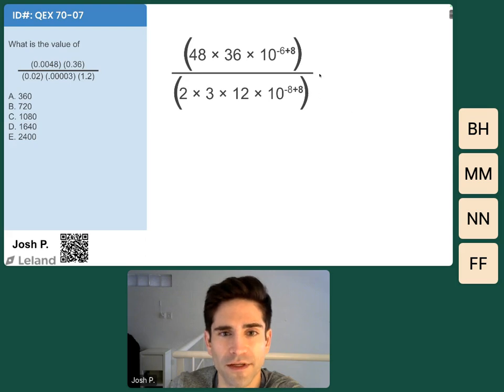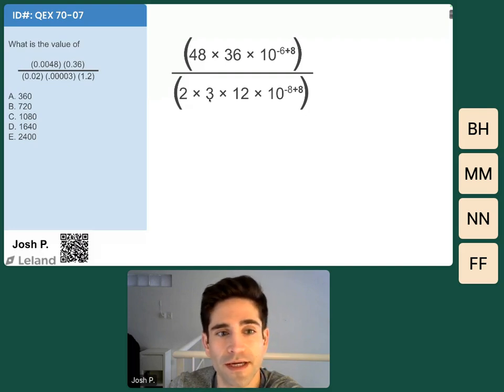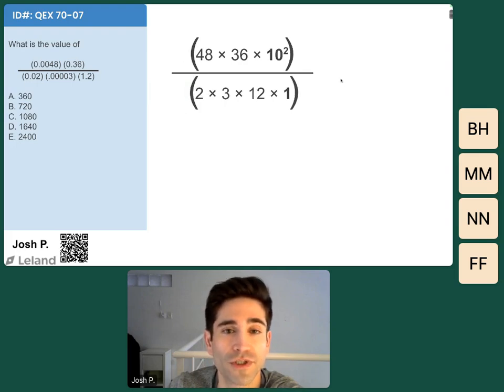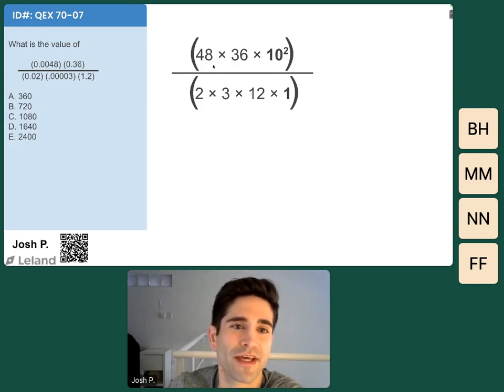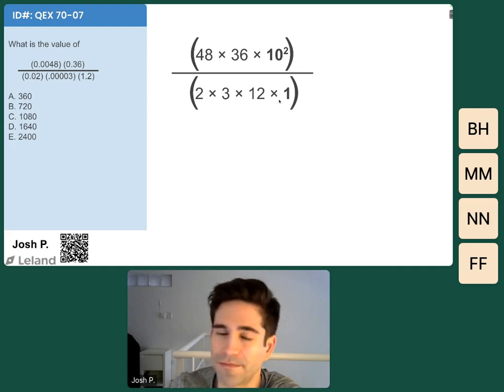So what we have essentially is on top 48 times 36 times 10 to the minus 6 plus 8, and on bottom, 2 times 3 times 12 times 10 to the minus 8 plus 8, which of course gives us a numerator of 48 times 36 times 10 squared, and on bottom, 2 times 3 times 12 times 1.